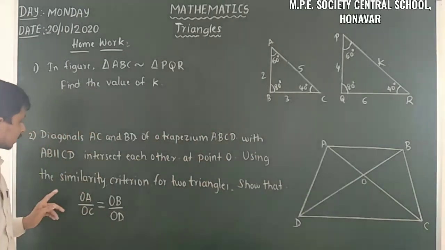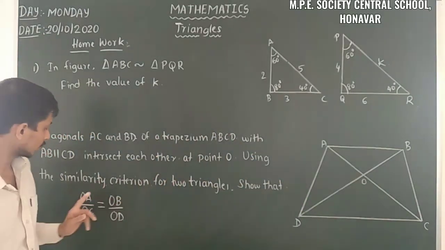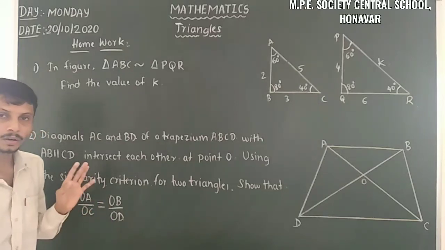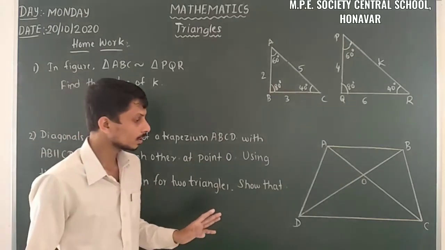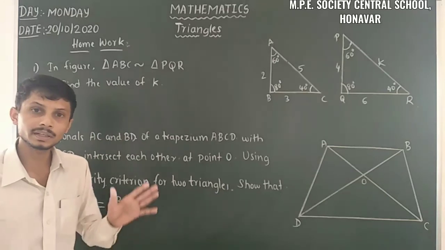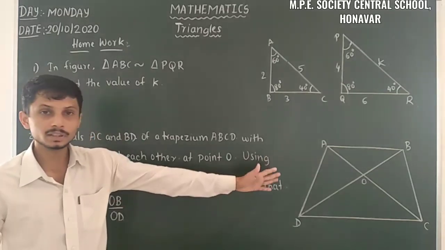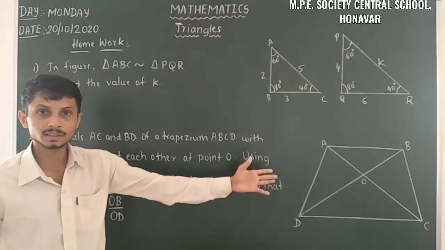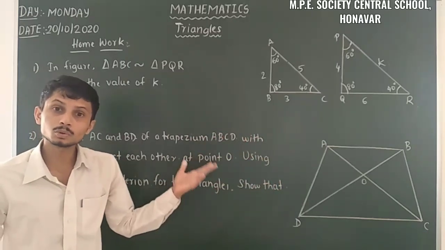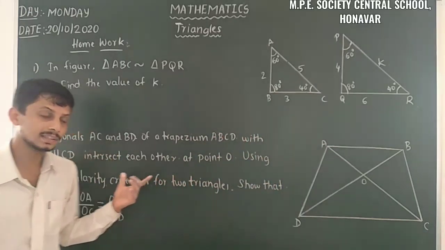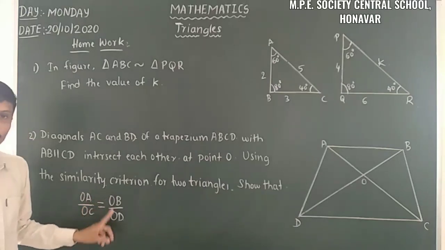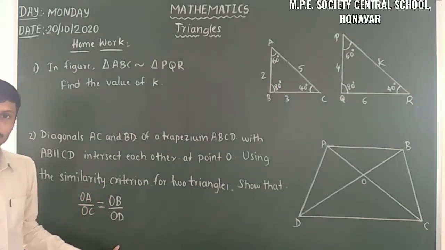Then using the similarity criterion for two triangles, show that OA by OC is equal to OB by OD. Already in the 9th standard we learnt how to deal with these things, how to take two such triangles so we can easily find OA, OC, OB, OD. Remember that.